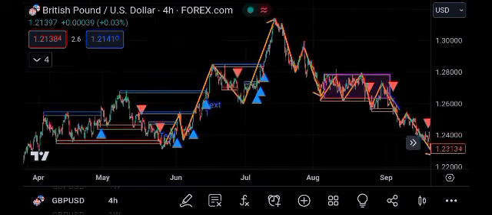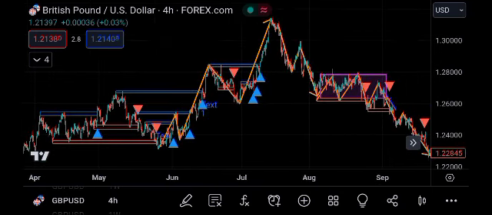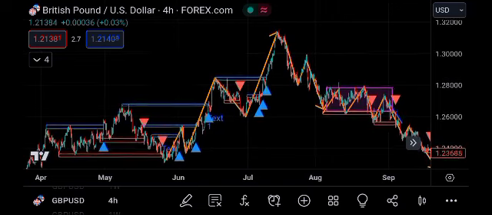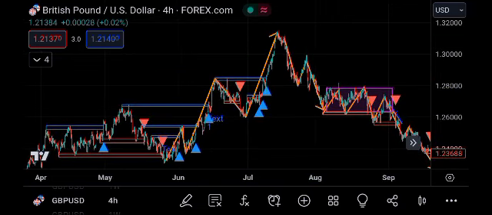As you can see from our zone up here, the wave failed to create another higher high, and instead a lower high.